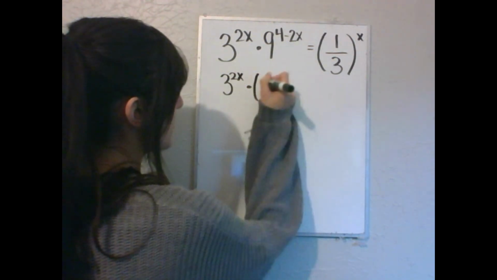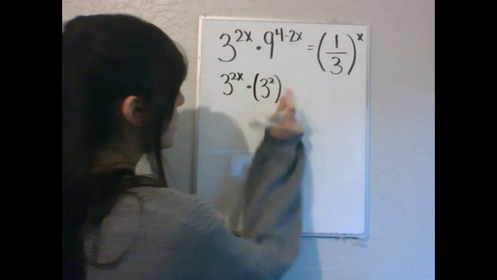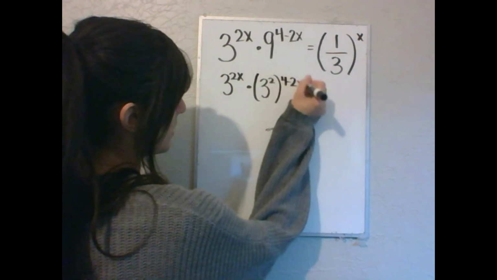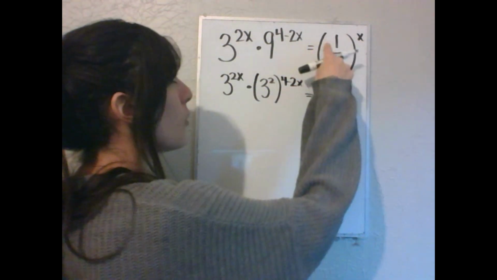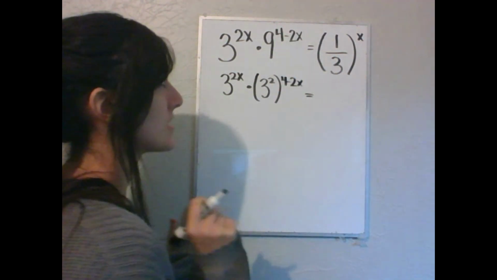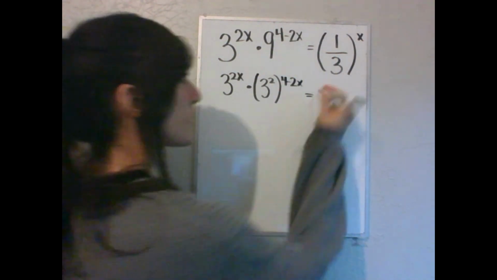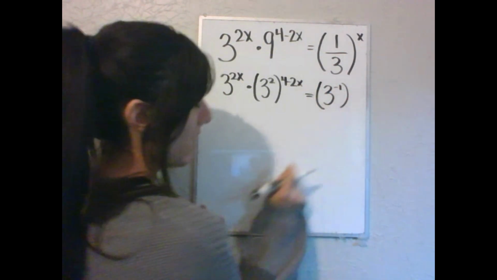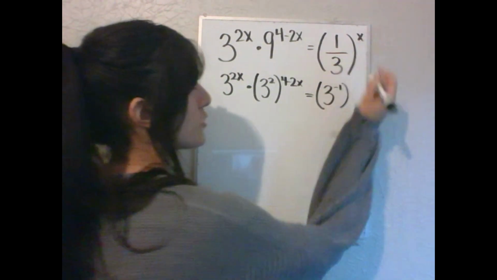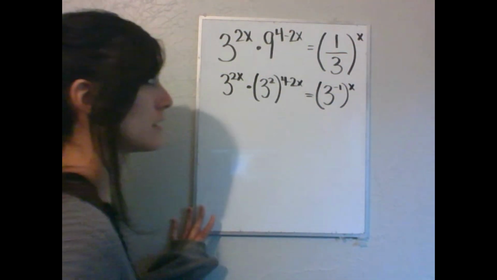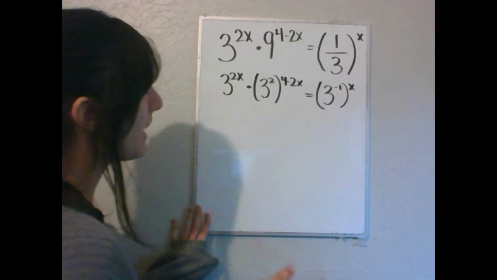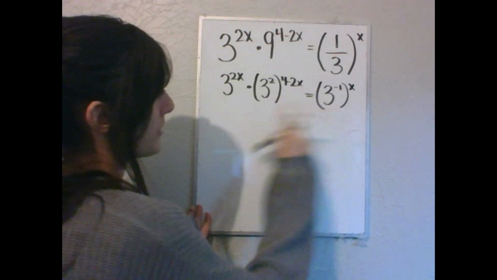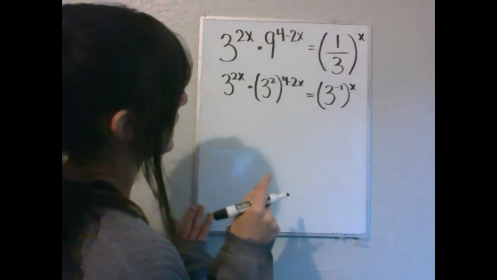So I'm going to rewrite that as 3 squared to the 4 minus 2x power equals 1 over 3 is the same thing as 3 to the negative 1 power, and it's to the x power.